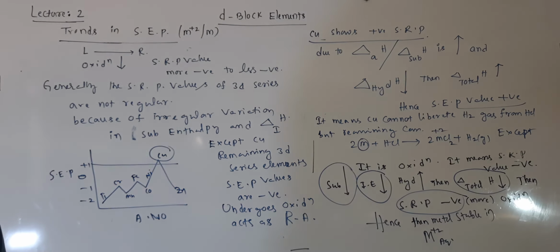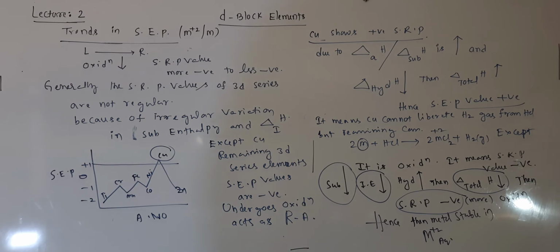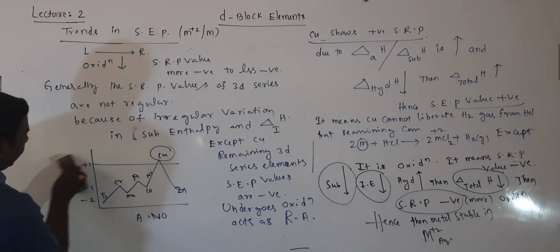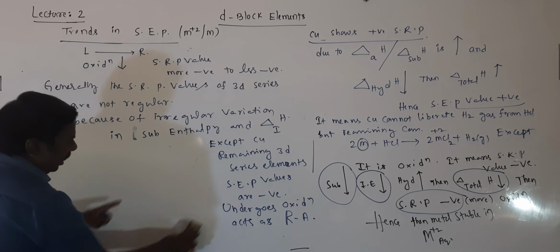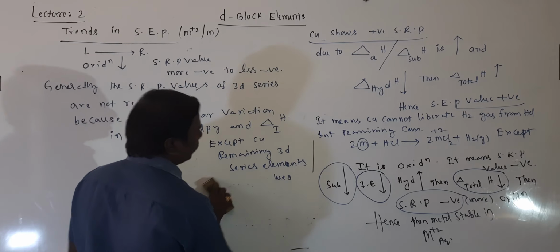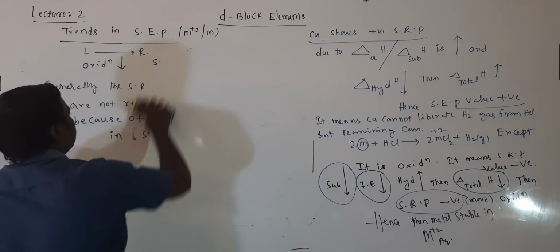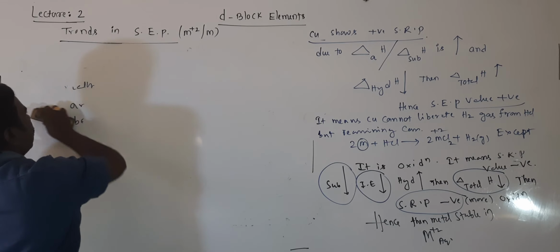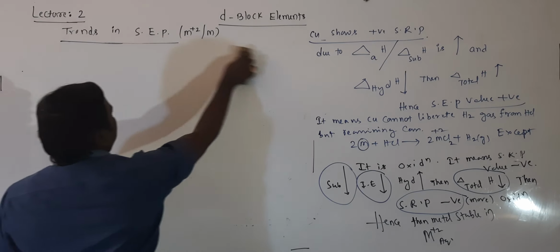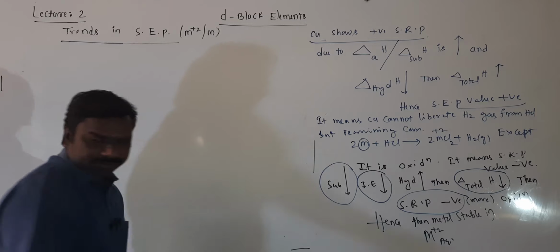It means oxidation itself, acting as a reducing agent, except copper, right. Next, if you observe clearly, for manganese, for nickel and for zinc, as per the graph, the SRP values are a little higher than expected.